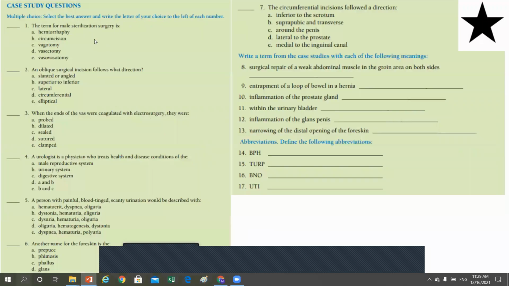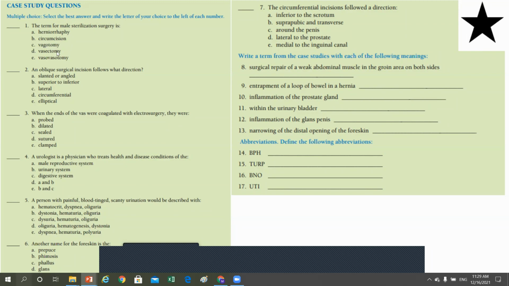Now there is a question about this case. For example, the term for male sterilization surgery. We have used the term and understood the term of sterilization. A person is sterile when he is unable to produce children. So for this, what will we choose?